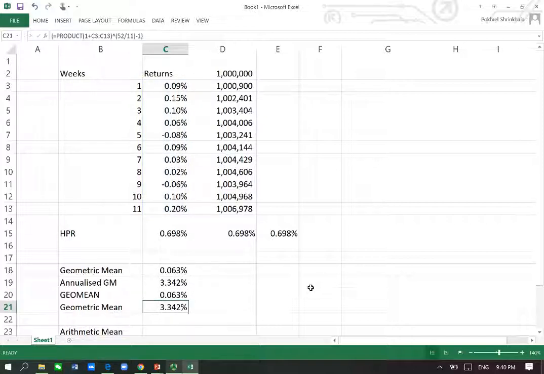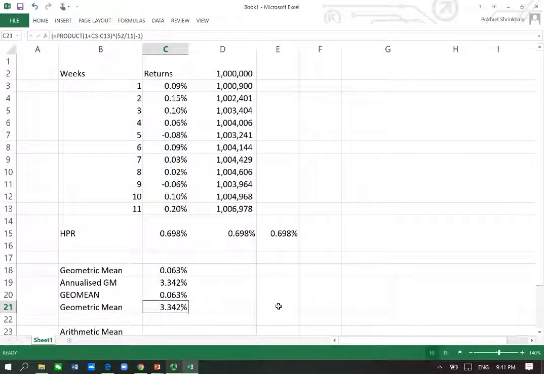At the same time, we also said that this can be organized in one cell if we can apply, and for that we just need to do 52 divided by 11 minus 1.